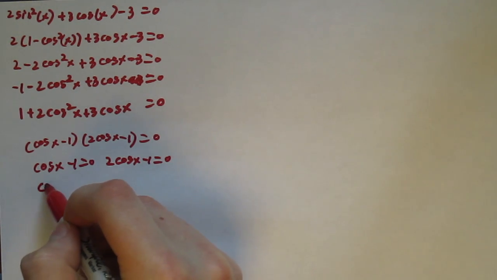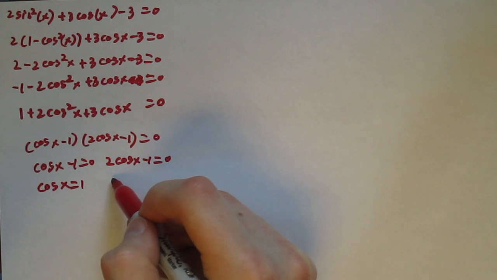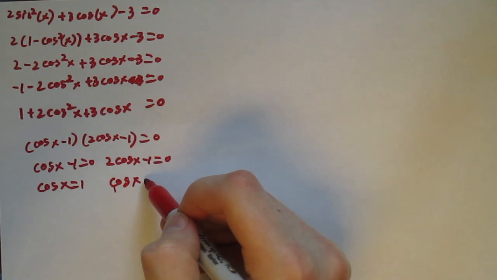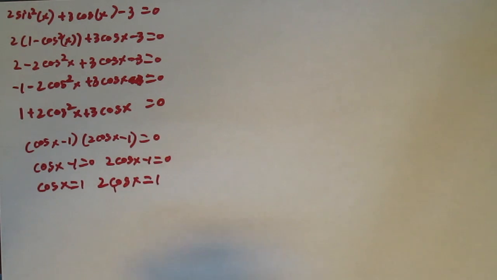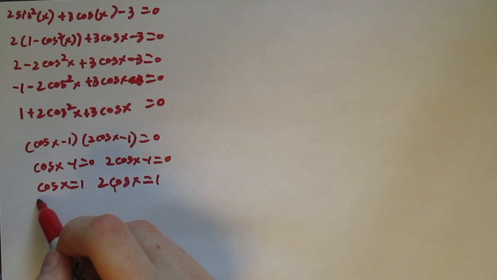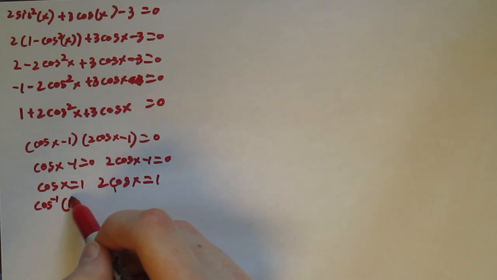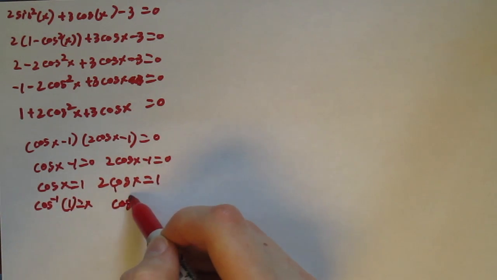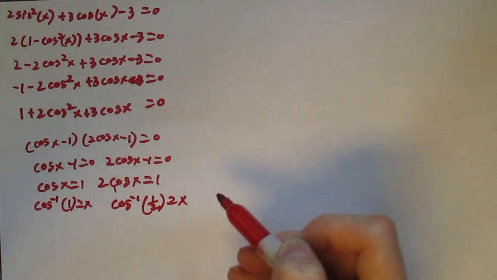So cosine of x equals 1, and cosine of x equals 1/2. So inverse cosine of 1 equals x, and inverse cosine of 1/2 equals x.